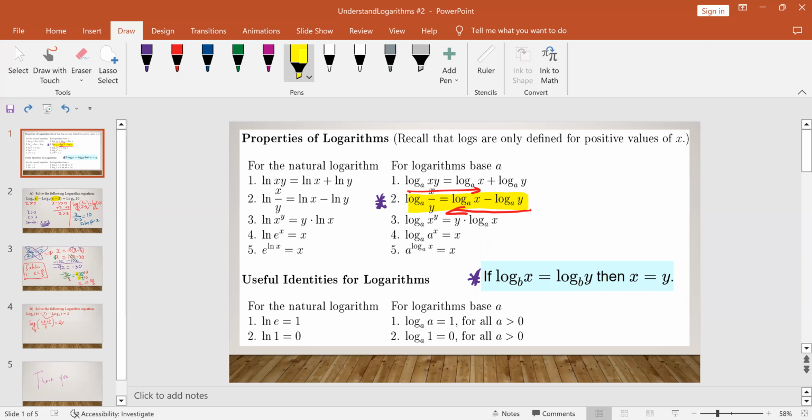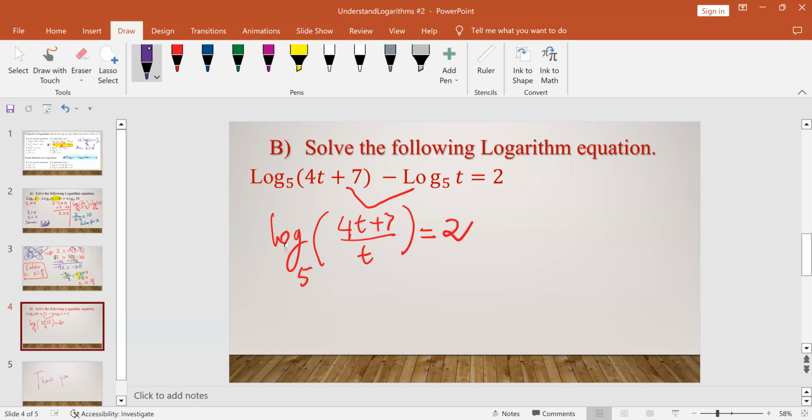Okay, I don't have it in the list here, but no problem. I could write it down. So if logarithm with base a of x is equal to y, then x is equal to a to the y. Okay, so we're going to use that property to continue.